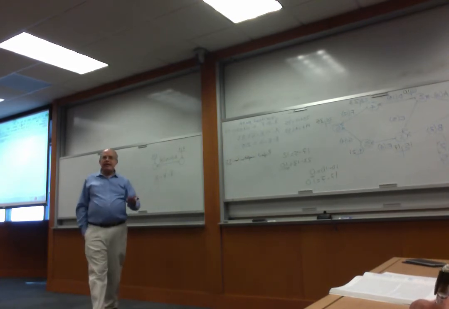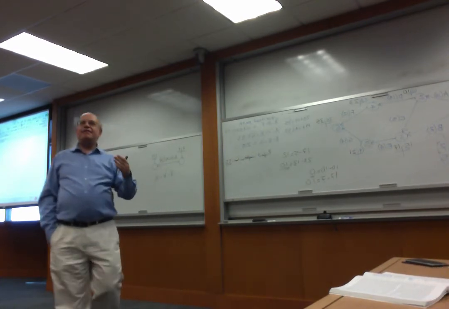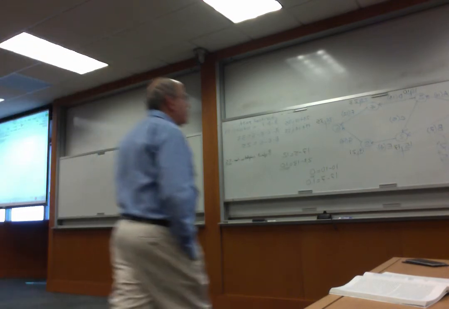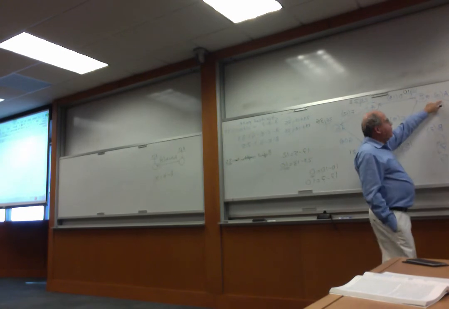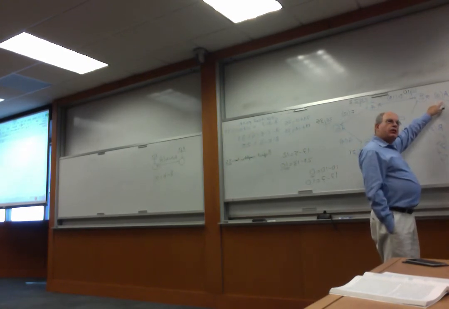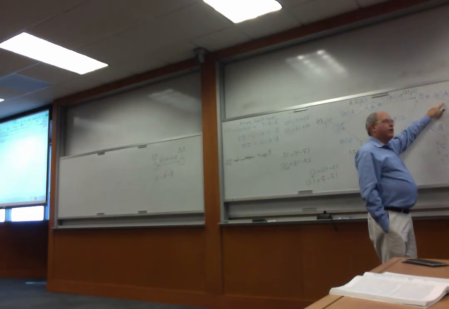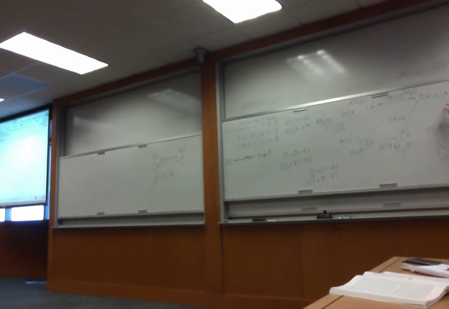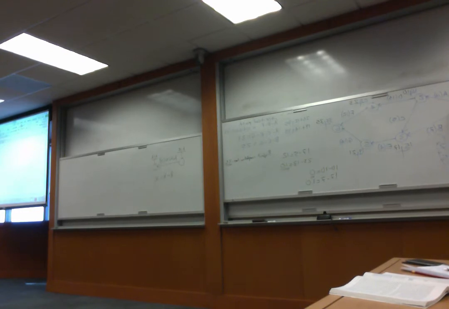Now let me check the activities one by one to see if they are on the critical path. Let's start with A. Is A on the critical path? First condition, we must have equal numbers on the starting point. What is the starting point for A? A starts at 1. Do we have equal numbers at 1? Yes, 0, 0.